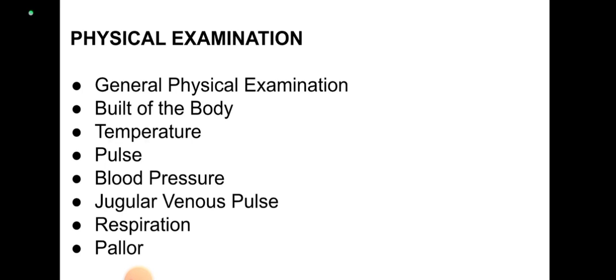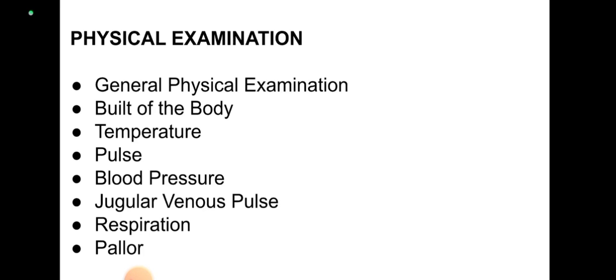We look for the mental and emotional status of the patient, their facial expression, their walking pattern. After that, we look for the build of the body. The physique of the patient can be short, tall, obese, muscular, thin, or asthenic.